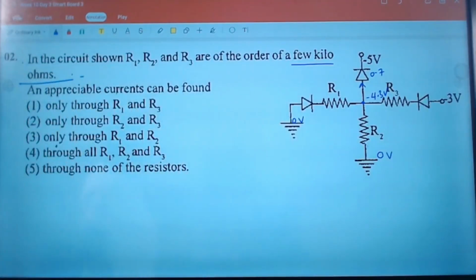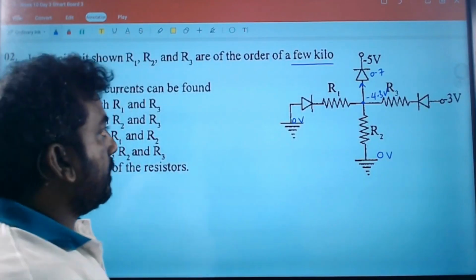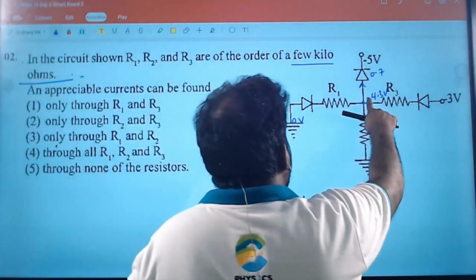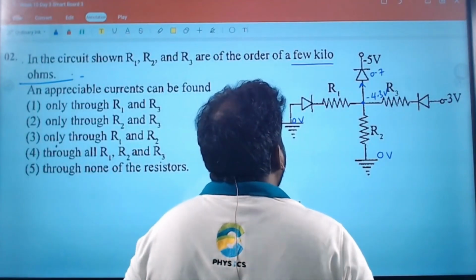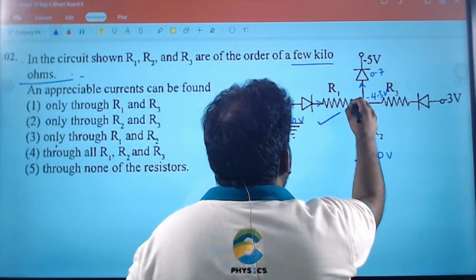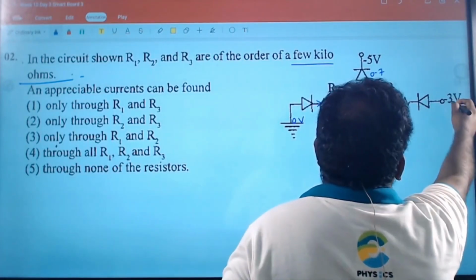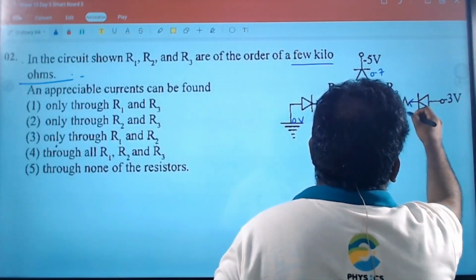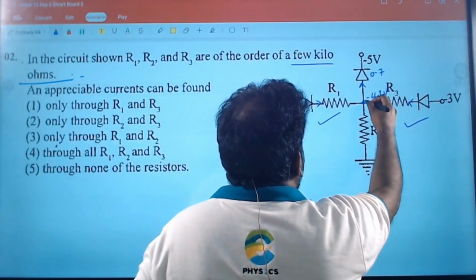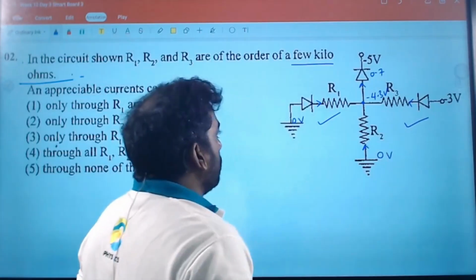High potential, low potential, current will pass through.